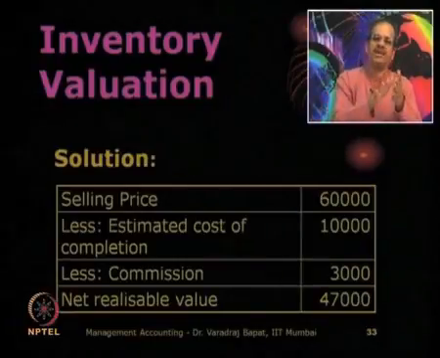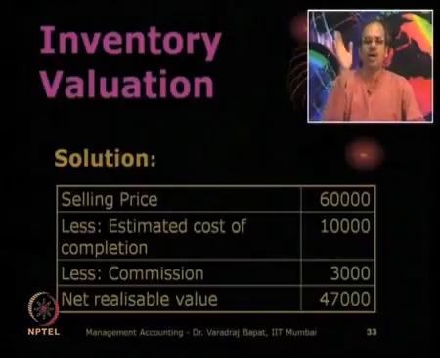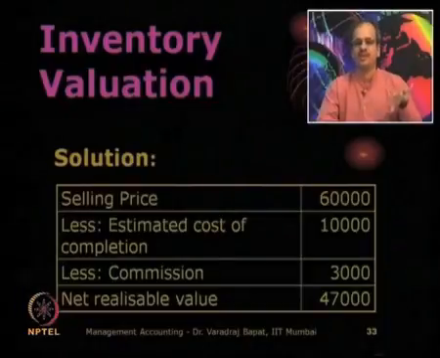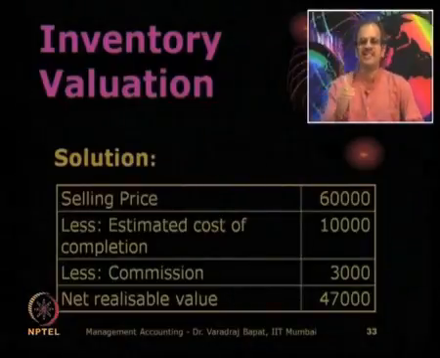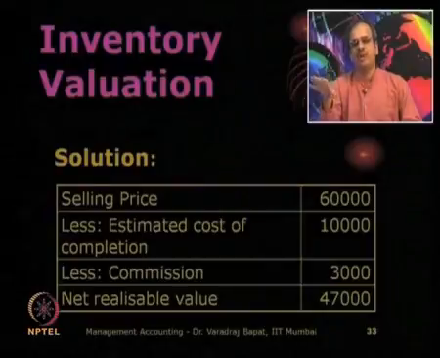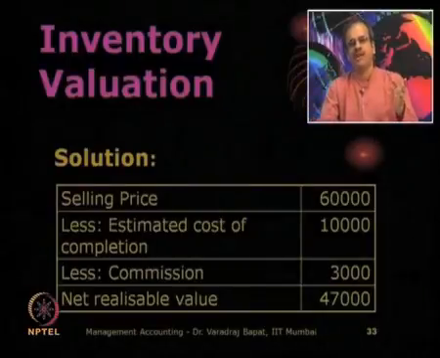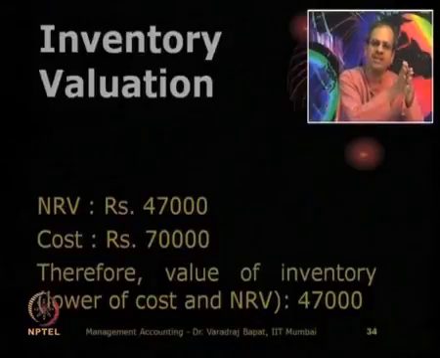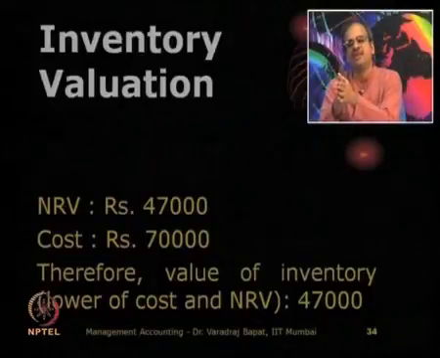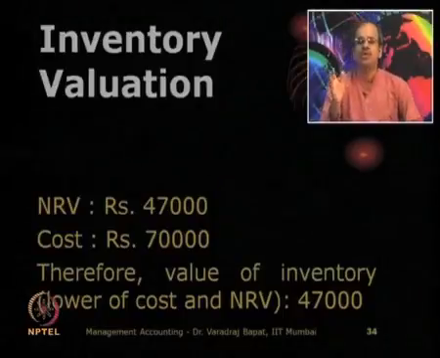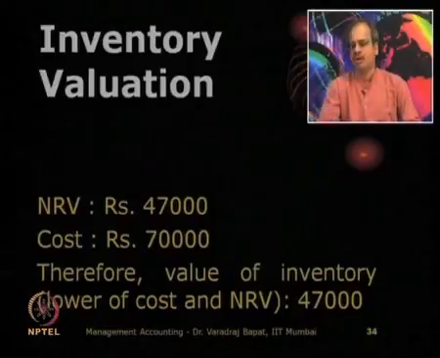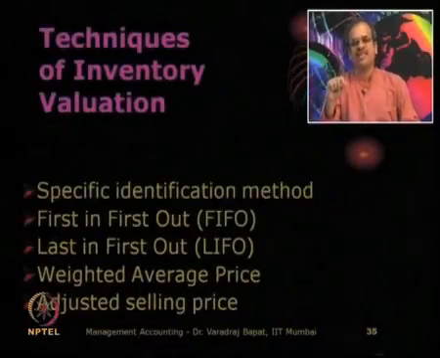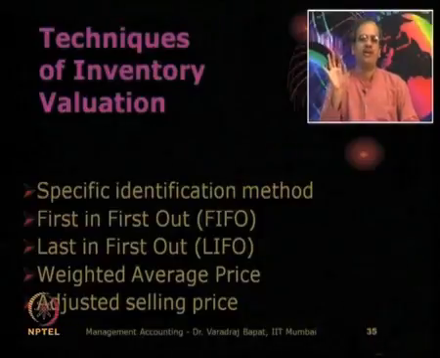So 60 minus 10, minus I also have to pay commission of 5% on the selling price. So 60 less 10 less 3. My net realizable value comes to 47, and as you know my cost is as high as 70. So NRV of 47 versus the cost of 70. As a rule I will take the lower of the two. So the valuation of inventory becomes 47,500.